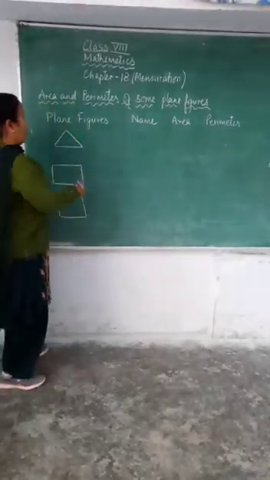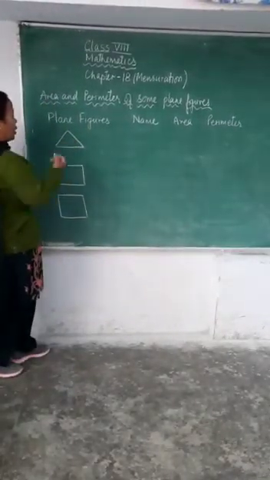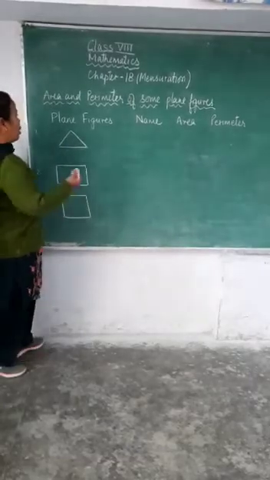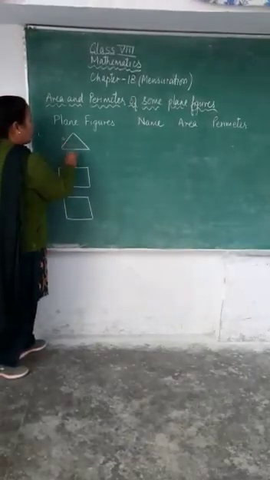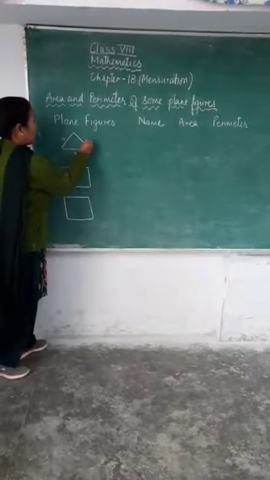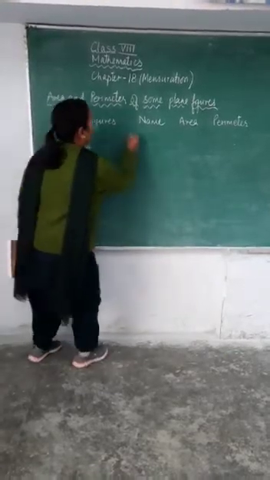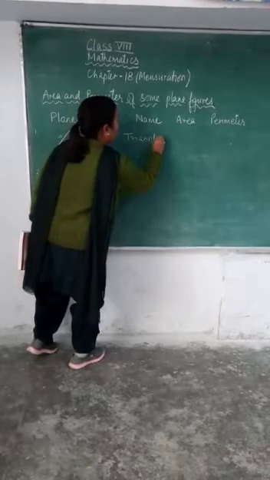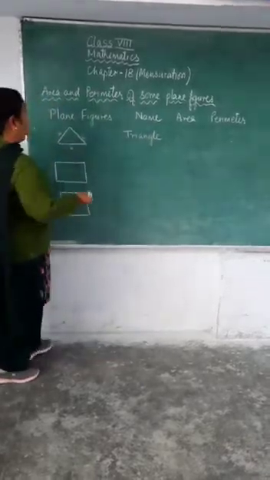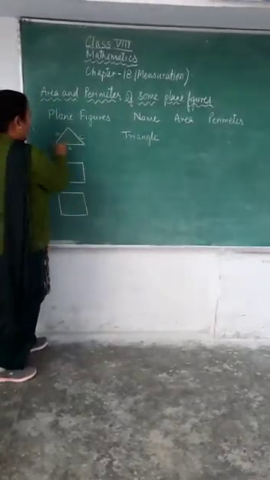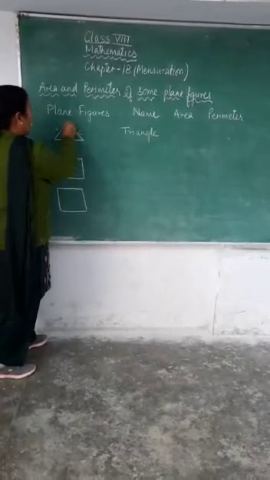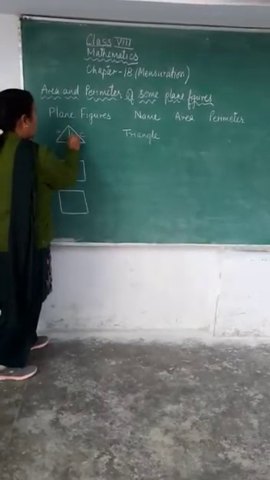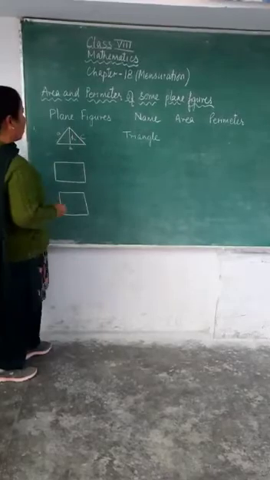Now I am taking the first figure. First plane figure is the triangle. Suppose the three sides of the figure are A, B and C. The name of this figure is triangle because it has three sides. Suppose this is the base and h is the height of this triangle.